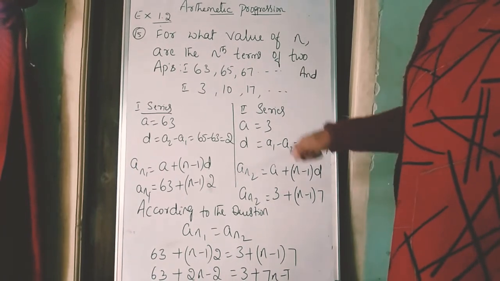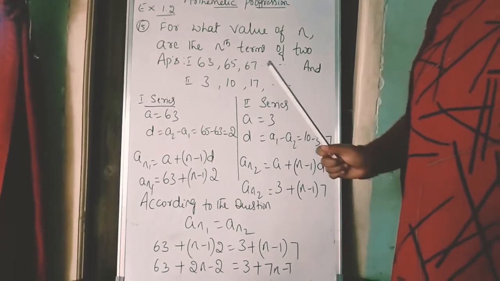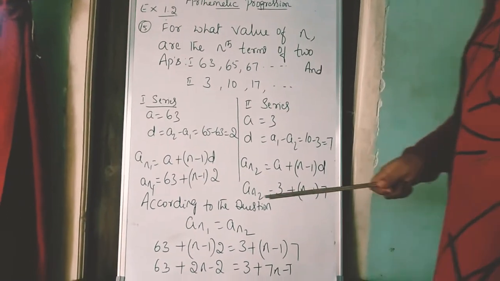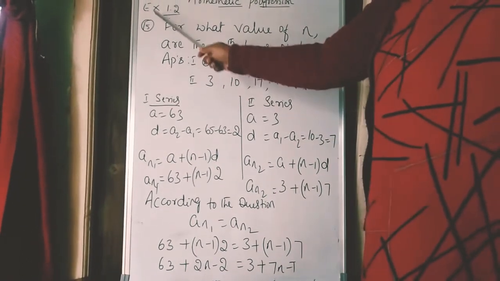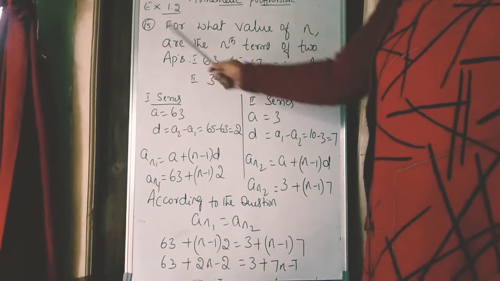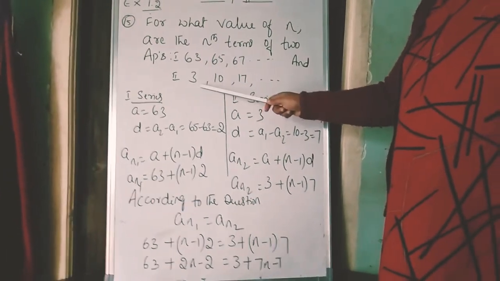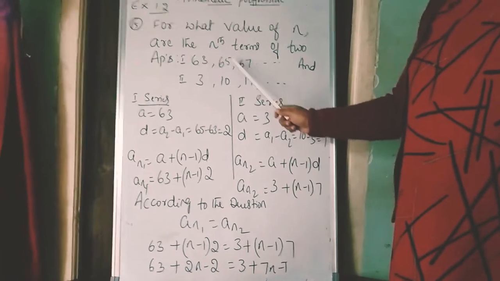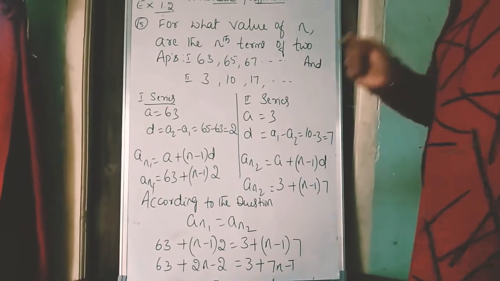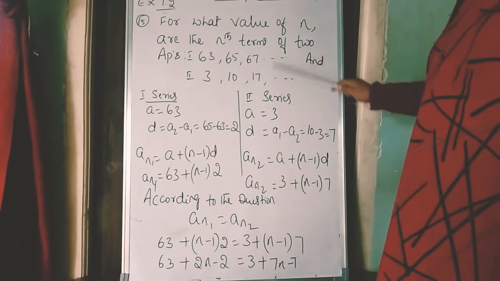See children, in the previous sum, in the two series, the common difference is the same. But here, in the 15th question, exercise number 1.2, they have again given two series. Here what they are telling is that one particular term is the same in these two series.